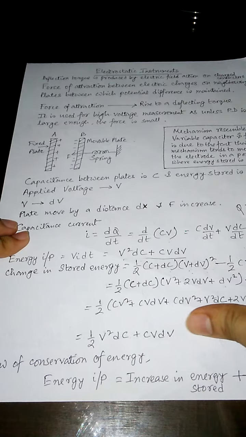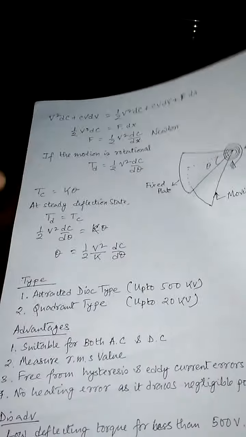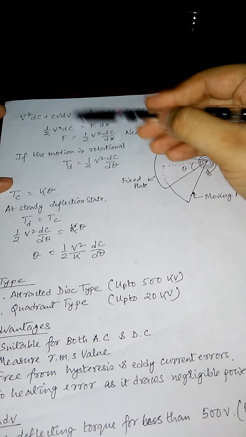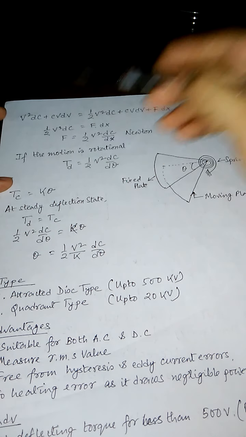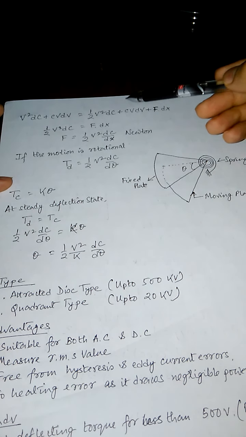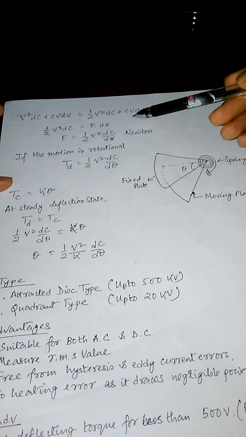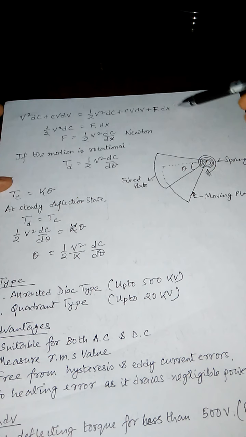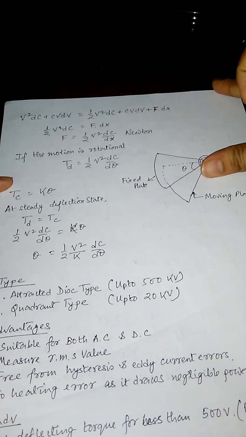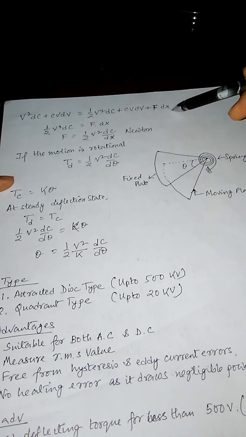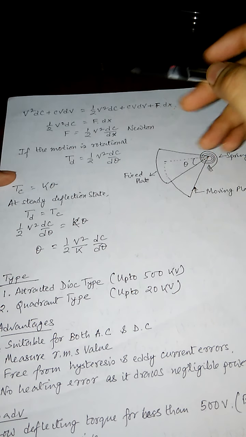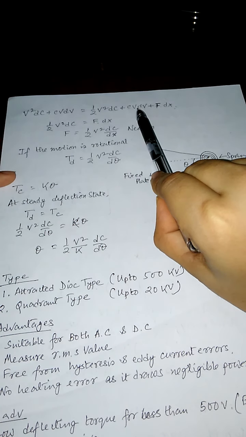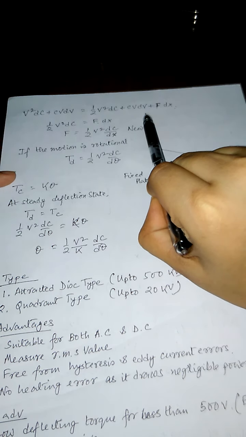So considering our next equation, V square dC plus CV dV is the energy input, which is equal to half V square dC plus CV dV, the change in stored energy, plus F dx, the mechanical work done. Now the CV dV term and this CV dV term will be cancelled out.